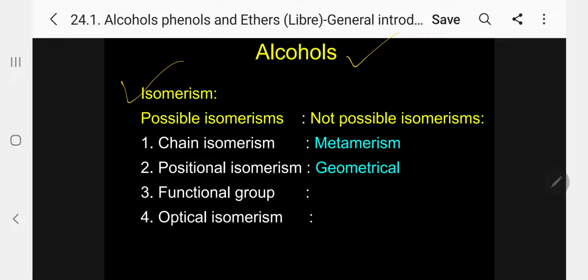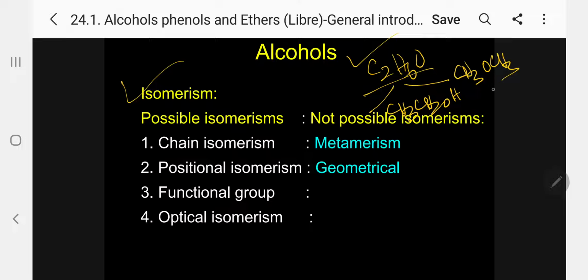Dear students, compounds having the same molecular formula but different physical and chemical properties are called isomers, and the phenomenon exhibited by these isomers is called isomerism. A simple example: C2H6O general formula gives two compounds, ethyl alcohol and dimethyl ether.